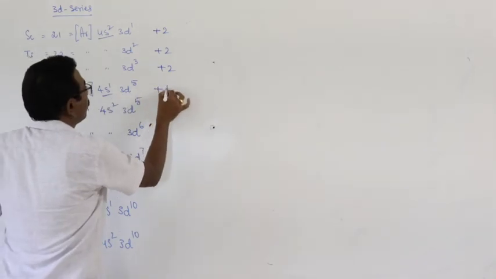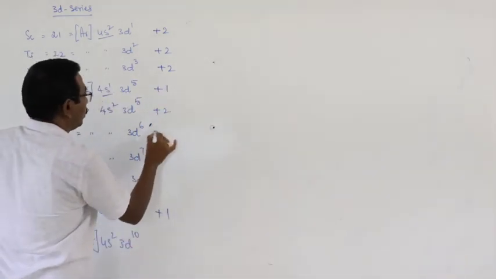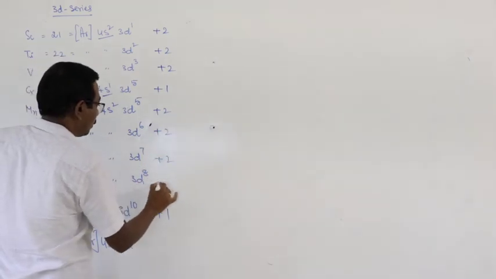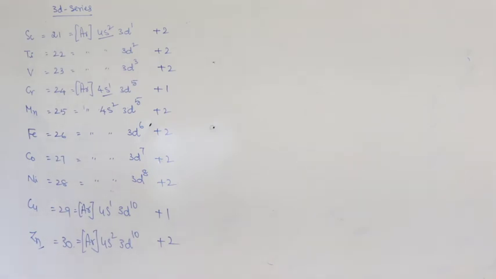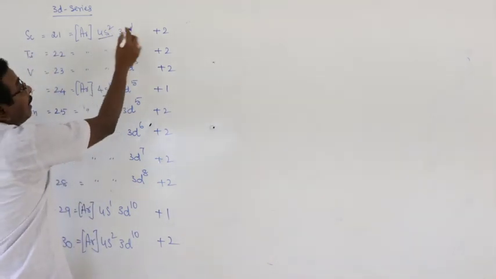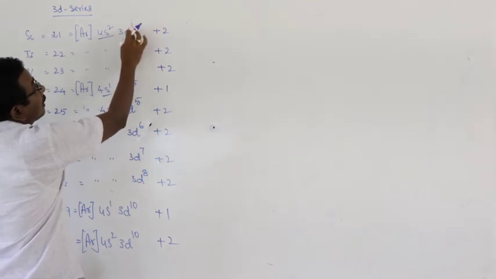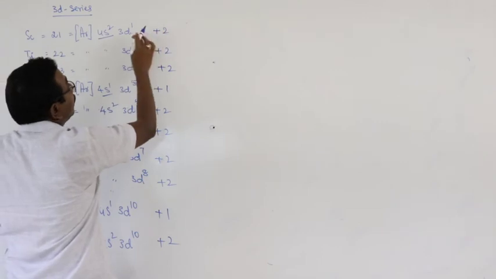Here +1, +2, +2, +2, +2 and +2. And next one, along with the 4s electrons, the remaining 1 electron in 3d also lost, means 1 electron lost from 3d.